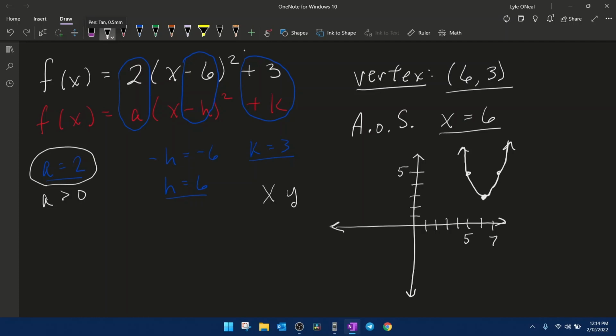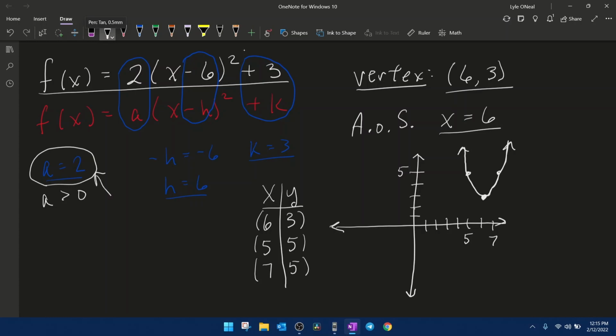In other words, if you need more detail, you could create a table of values knowing that the vertex is 6 comma 3, and then if I go on either side of the vertex, 5 is 1 below, 7 is 1 above, then I can substitute those values into the function, and I should get 5 if what I said about the value of a is correct. And you can verify that if you want, and you can pick more x's if you need more detail.